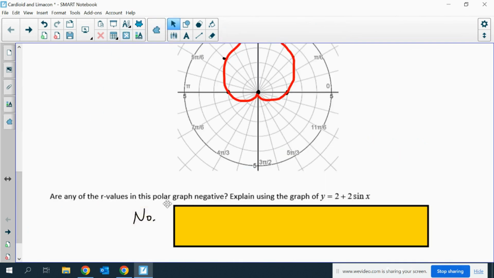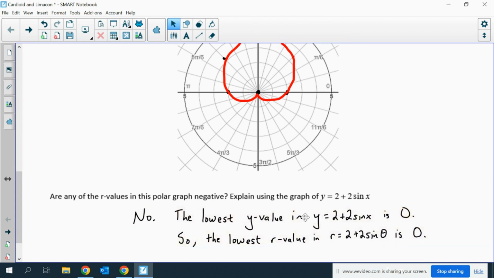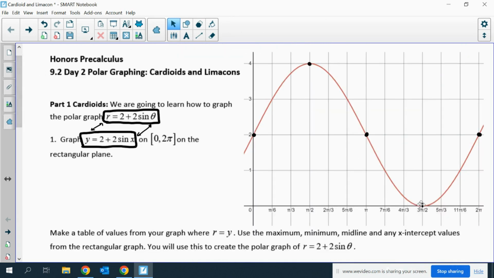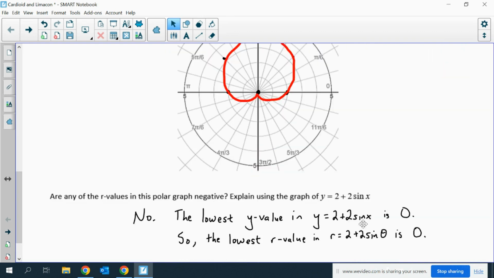There are no negative r values in this polar graph, and that makes sense because there were no negative y values in the original graph. The lowest value was at (3 pi halves, 0). So there was no need to go into the negatives.